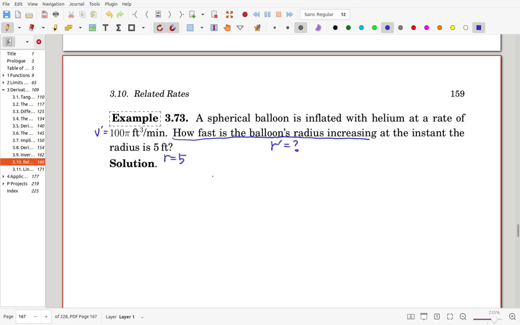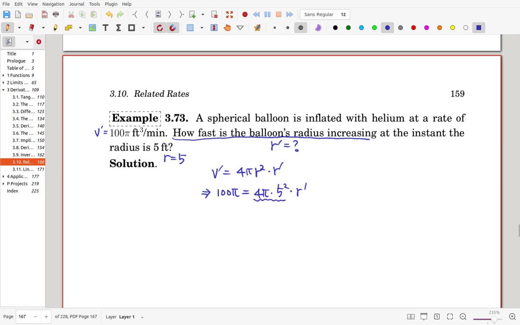We already know from the previous example that V prime equals 4 pi r squared times r prime. Here the data: V prime is 100 pi, and that is 4 pi, and r is 5, so the 5 is squared, and r prime.